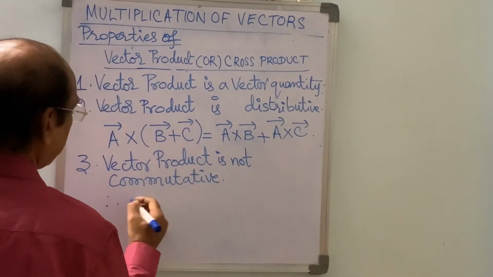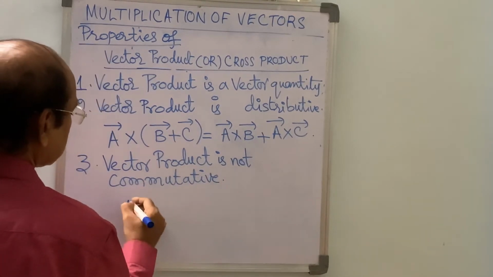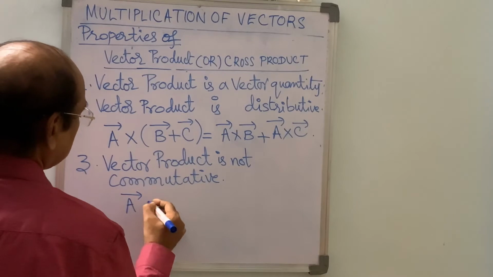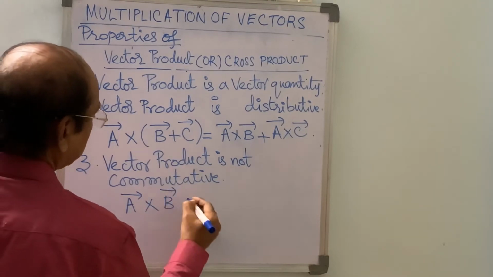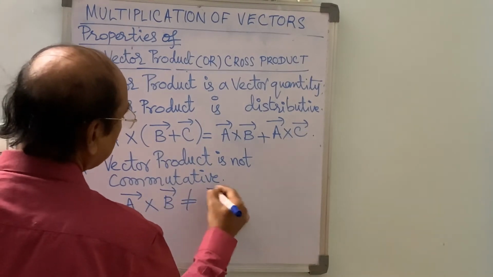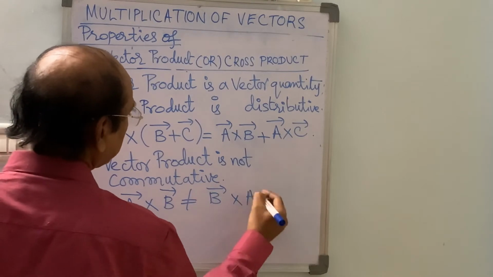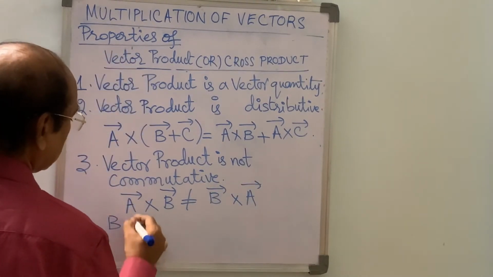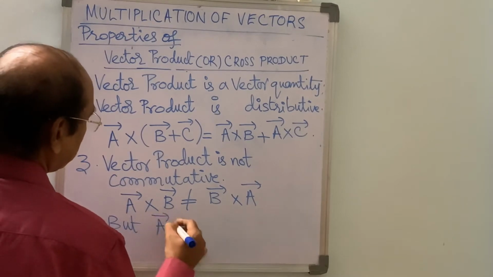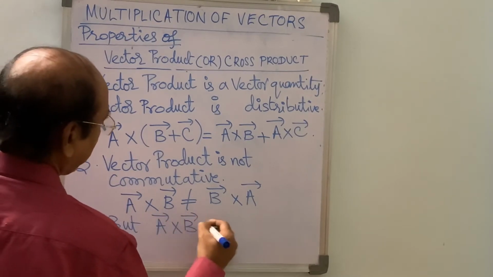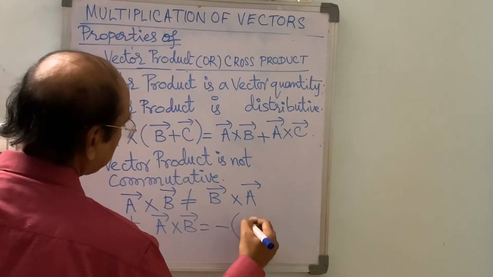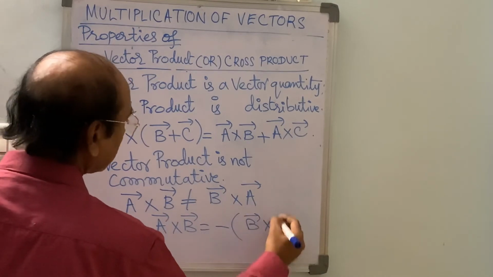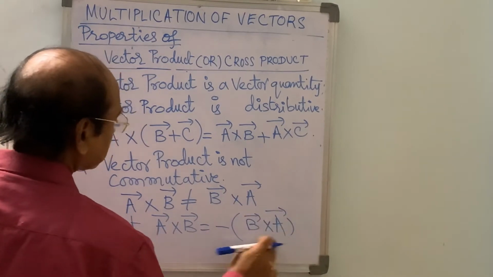If A bar and B bar are two vectors, A bar cross B bar is not equal to B bar cross A bar. Already we discussed this one. But A bar cross B bar is equal to minus of B bar cross A bar.